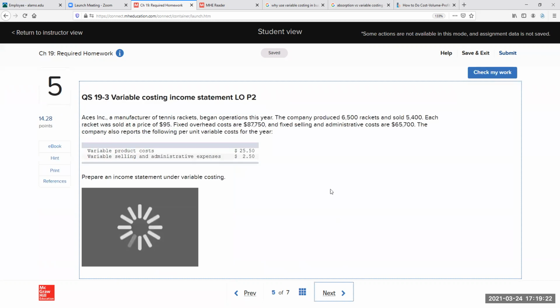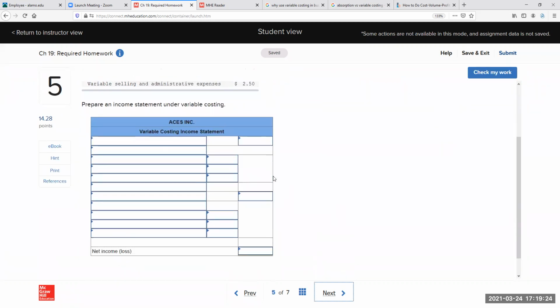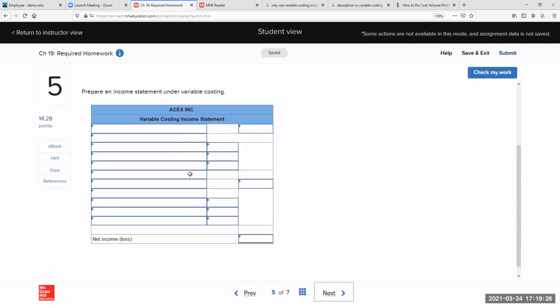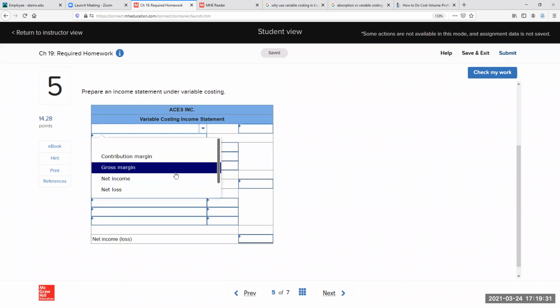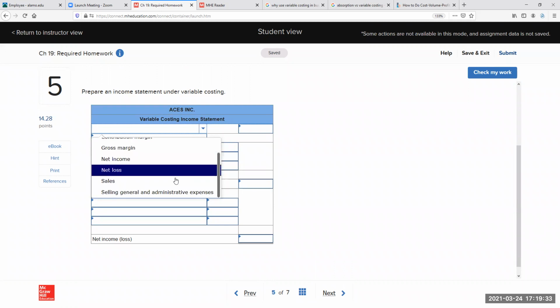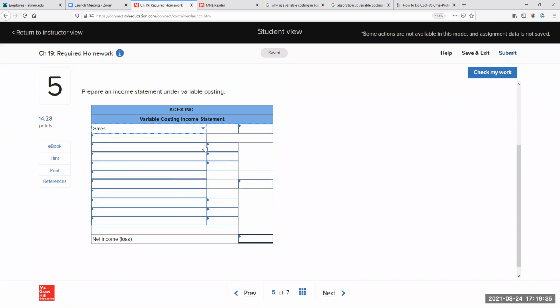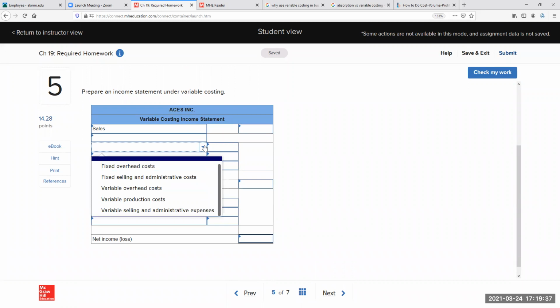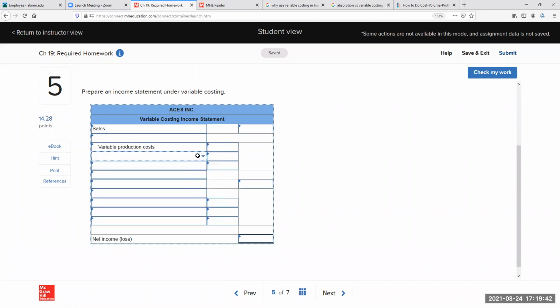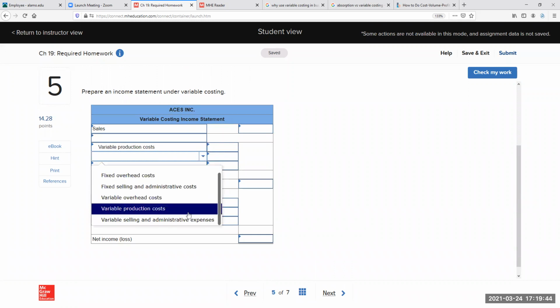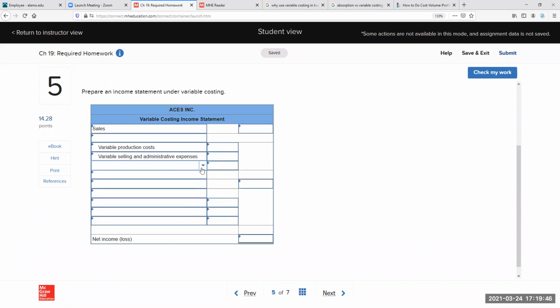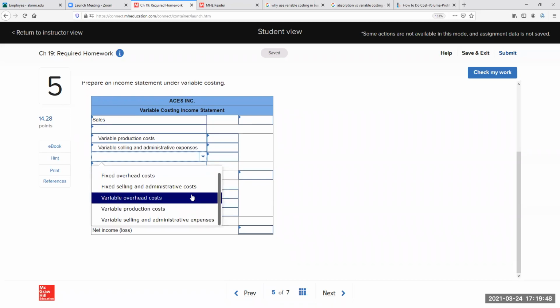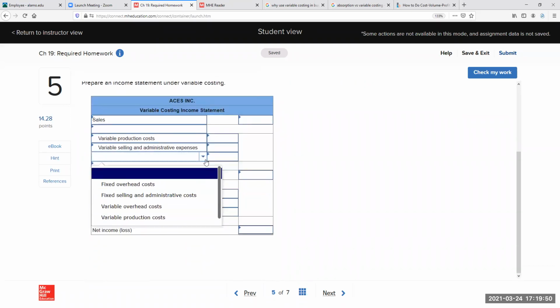Now, let's look at number 5, a variable costing income statement. Well, this is going to have sales, variable production, and then variable selling. Do we have anything else? No, that's it.